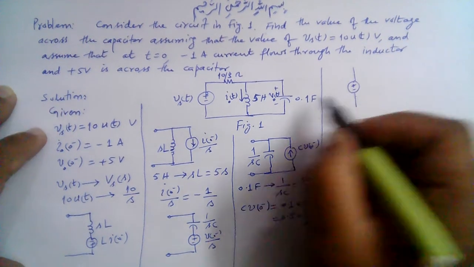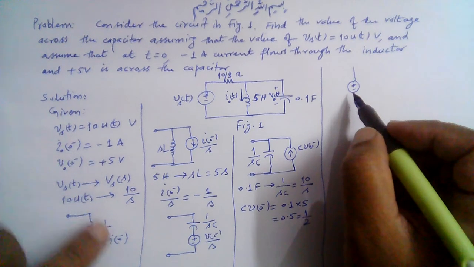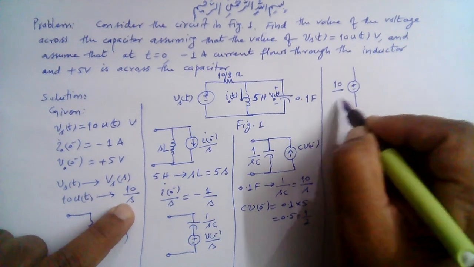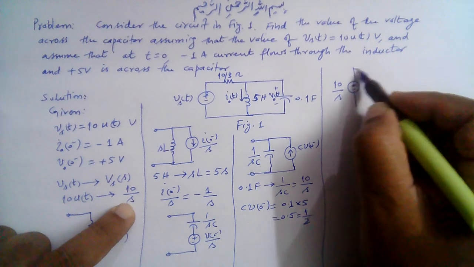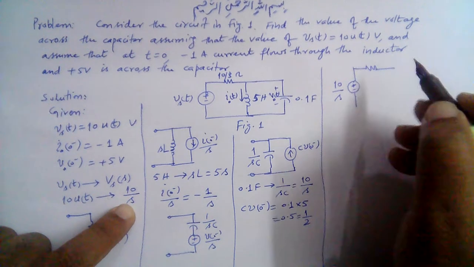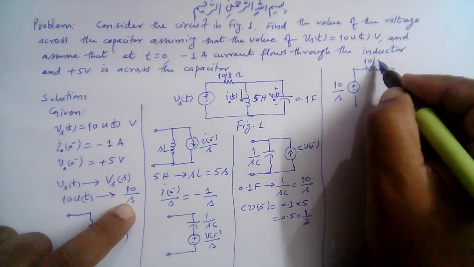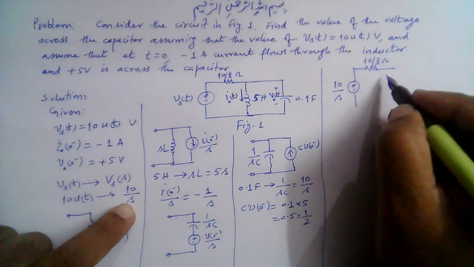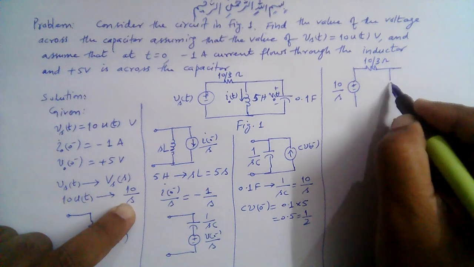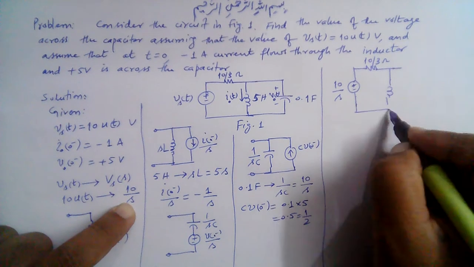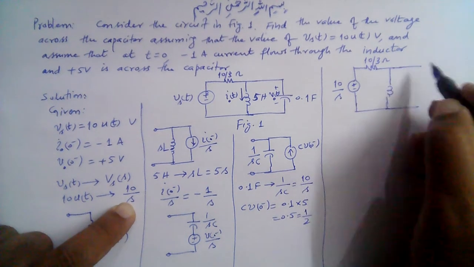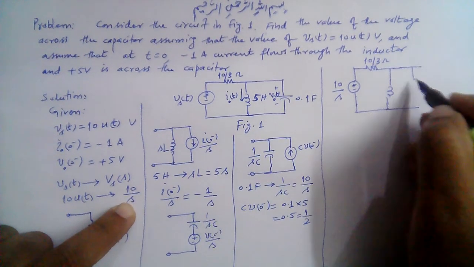So Vs of S is 10 over S here, right? And the resistors remain the same, 10 over 3 ohm, and we have this inductor here, and this is in parallel with this current source.